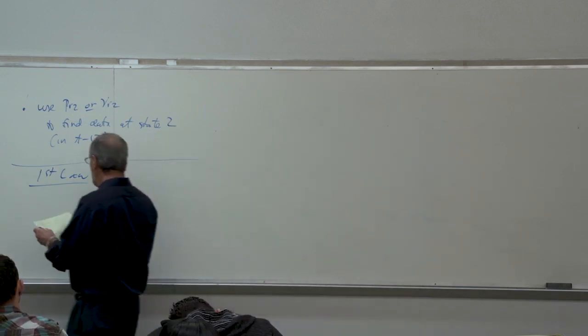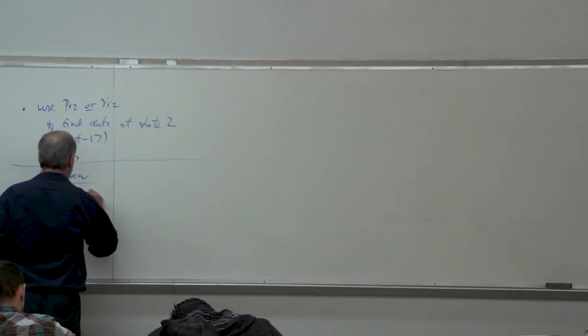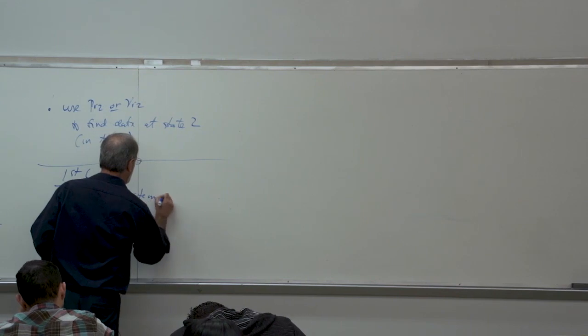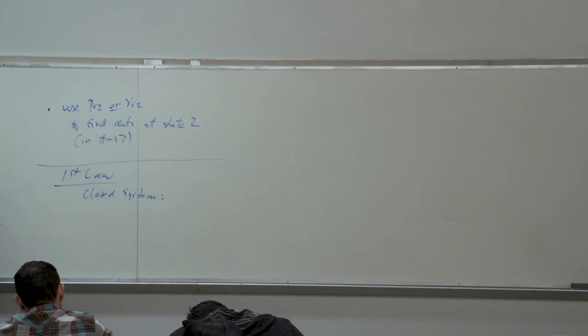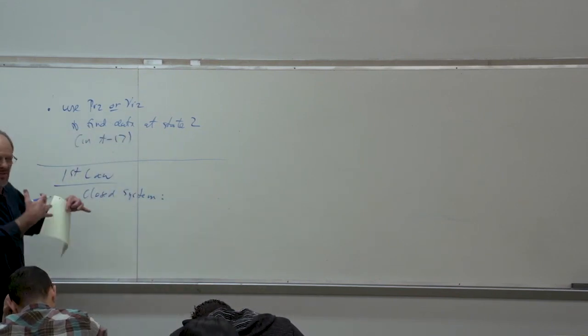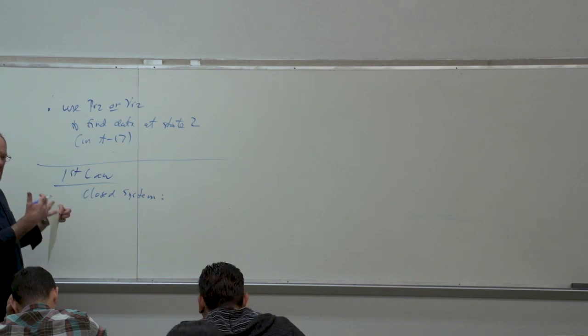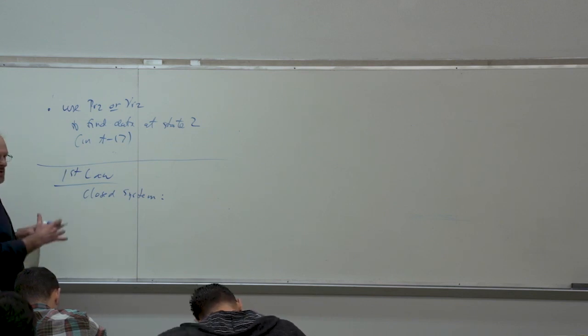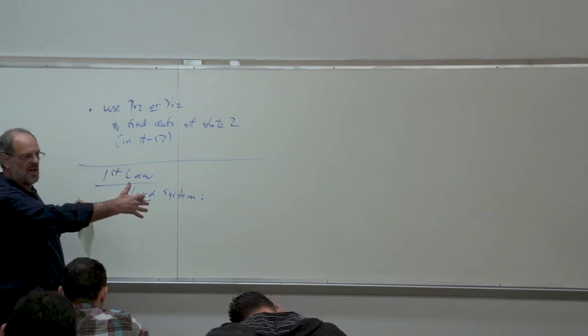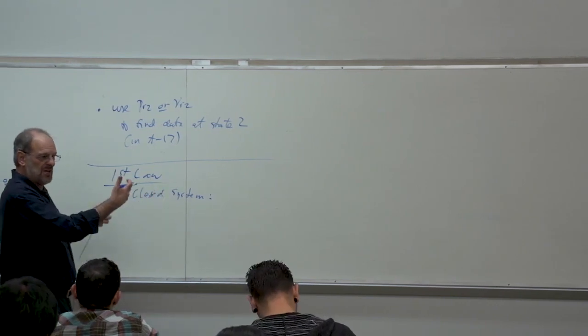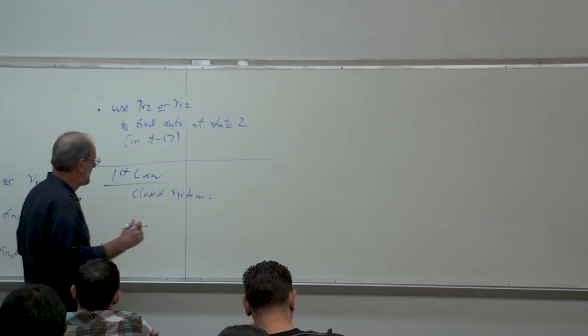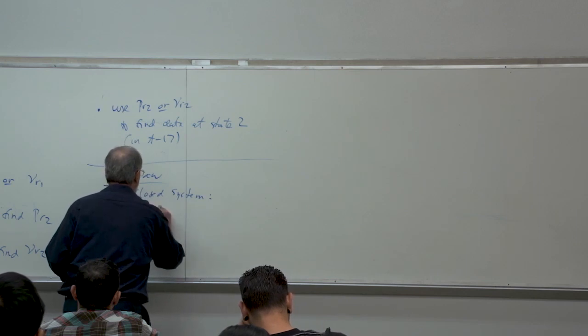So if we happen to have a closed system, then the version of the first law we would use is this one. The format of this equation might be a little bit different. Often we would put the work term on the right-hand side as a positive, or we could move it to the left-hand side as a negative. That's what I'm going to do here.